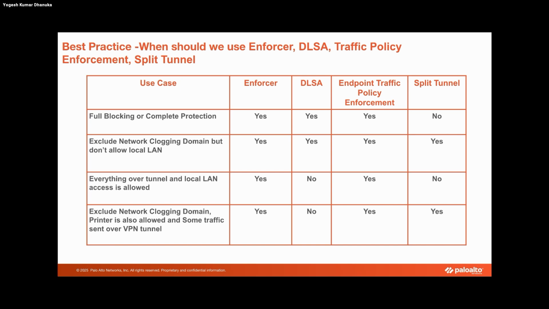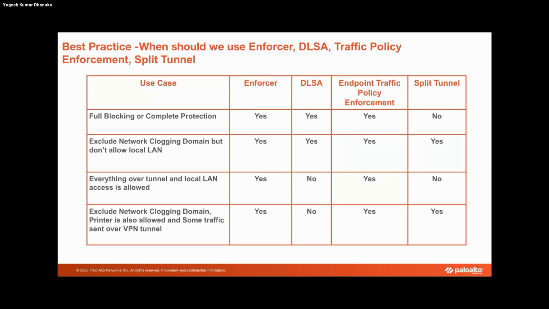But if the requirement is that all the traffic absolutely has to go through the firewall, then don't use split tunnel and send everything through the GP with these features on. Another use case is that you're excluding the network clogging domains, which is basically, say, YouTube and Netflix, but you're not allowing access to the local LAN.